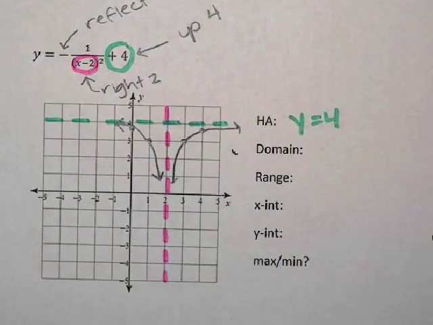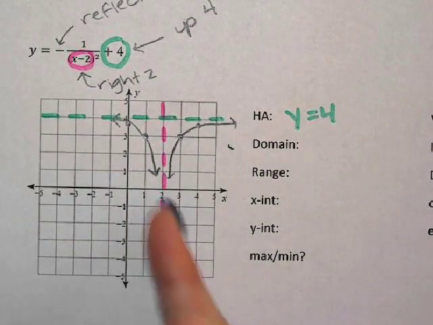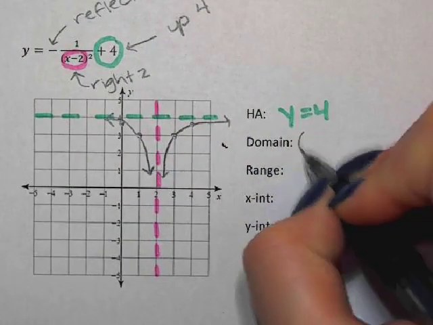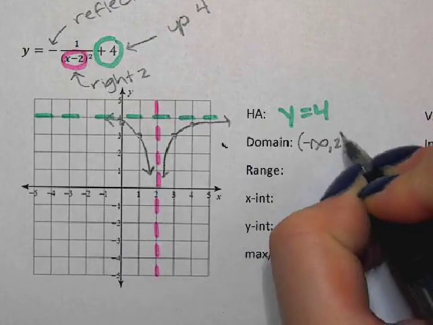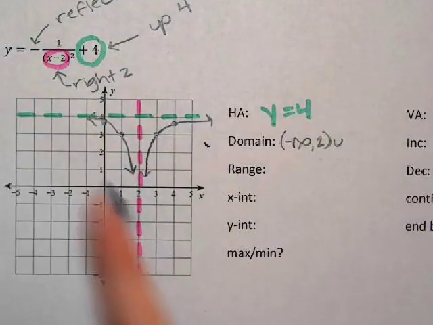So what is the domain going to be for this graph? Not 4, 2, yep, because that's an x value. So we're going to have negative infinity to 2, and that's all this stuff.